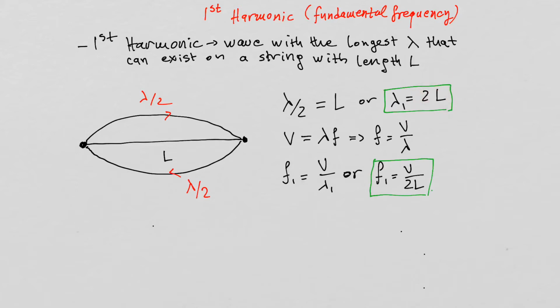So then I can also write an expression for the frequency that corresponds to the first harmonic, also known as the fundamental frequency, by using the relationship between the speed of the wave in the string, the wavelength, and the frequency of the wave. And so after rearranging the terms, I get that the frequency of the first harmonic, or the fundamental frequency, F1, is equal to the speed of propagation in the string divided by twice the length of the string.